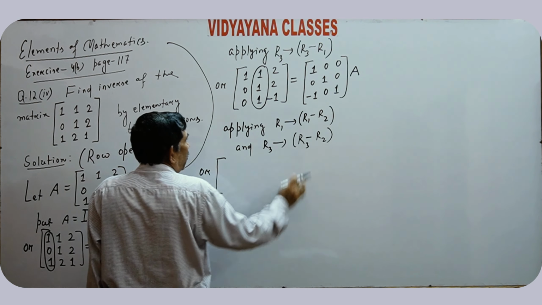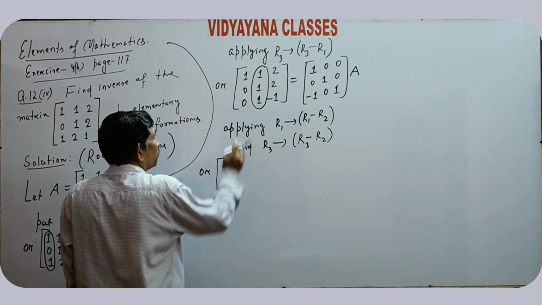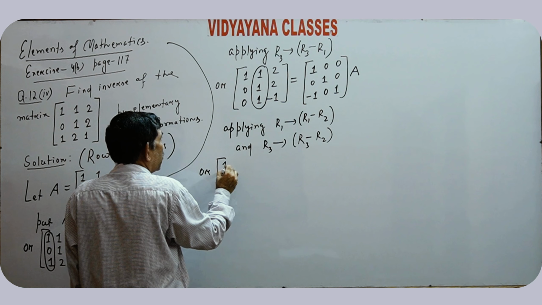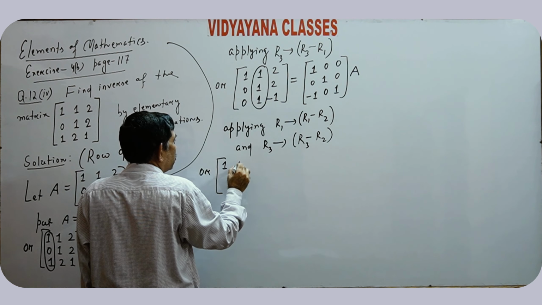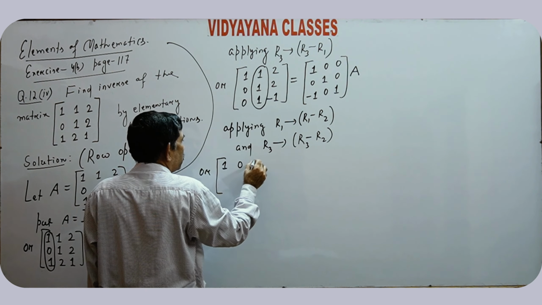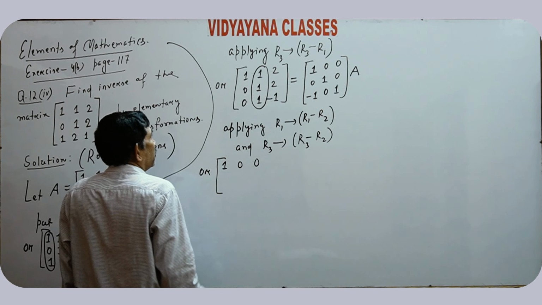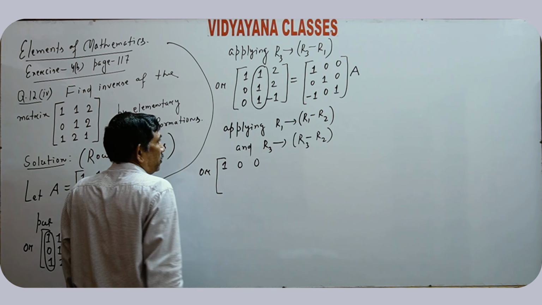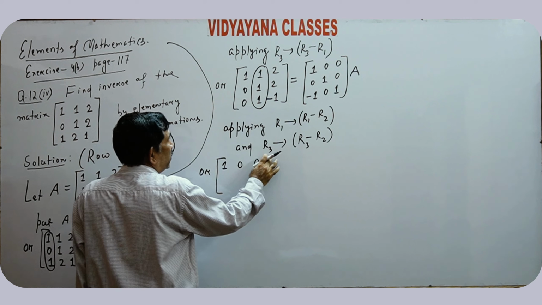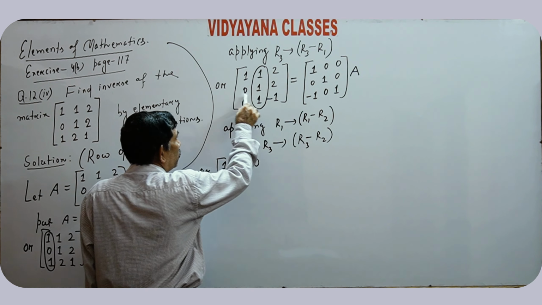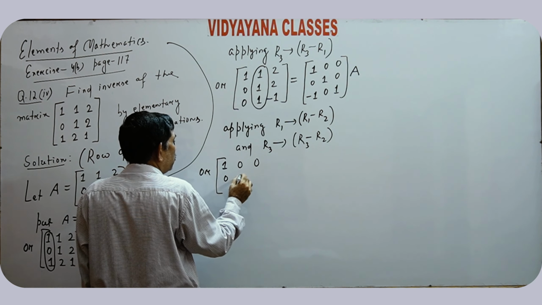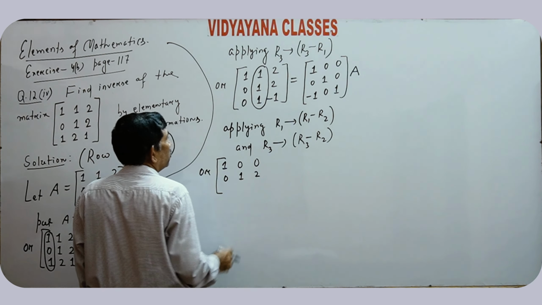R1 is replaced by R1 minus R2. 1 minus 0 is equal to 1. 1 minus 1 is equal to 0. 2 minus 2 is equal to 0. Row 2, there is no change: 0, 1 and 2.